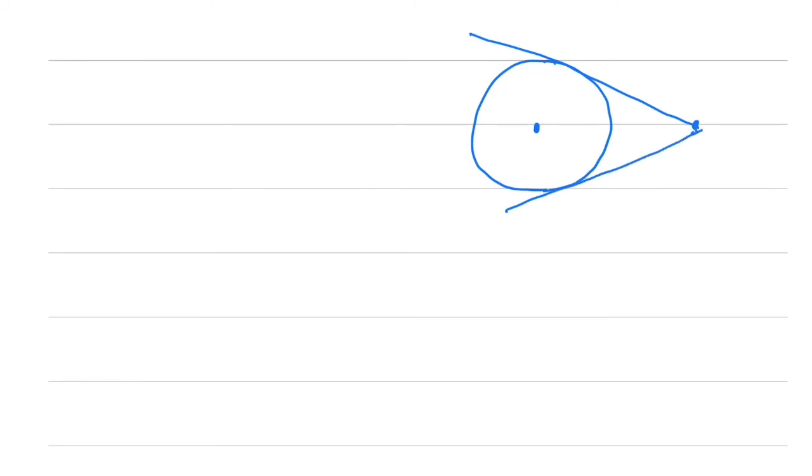So let this point be R, this be P, this be Q, and center is O. We can join OR and we can draw center to the point of contact. This is equal to 90 degrees.